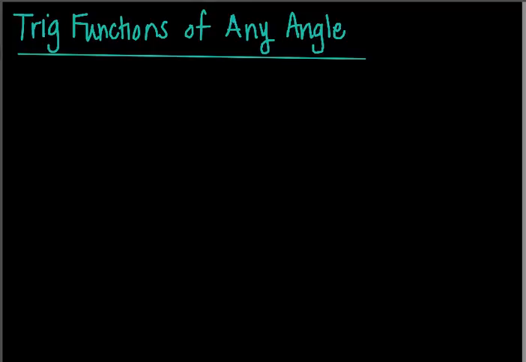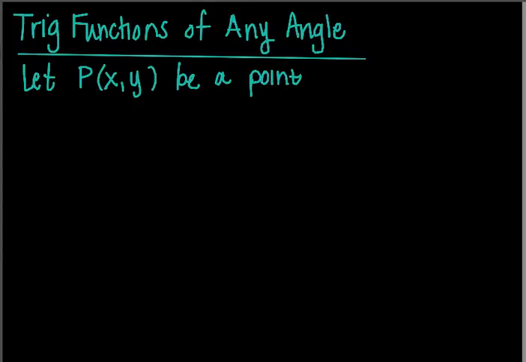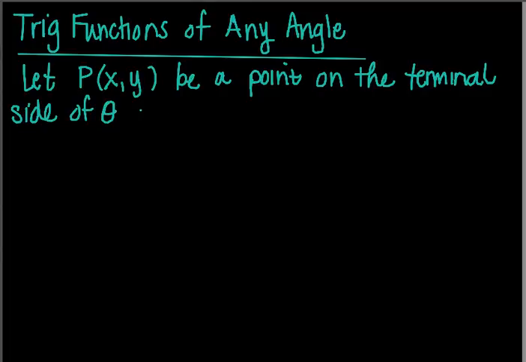Okay, so we need to set this up. Let's define a point P. Let P, which we'll call (x, y), be a point on the terminal side of theta. Remember what terminal side means. And let r be the distance from P to the origin.